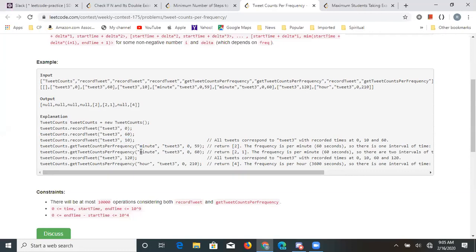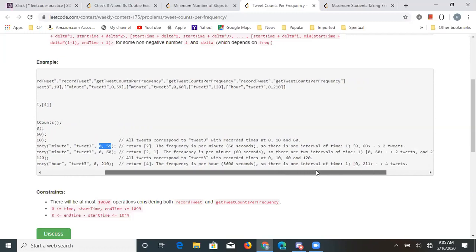I will tell you why they are mentioning this minute. Now if they ask you minutes here but the value is 0 to 60, then you are not returning 3 actually. You are returning 2 and 1. So you have 2 buckets of 1 minute here, from 0 to 59 and from 60 to 61.